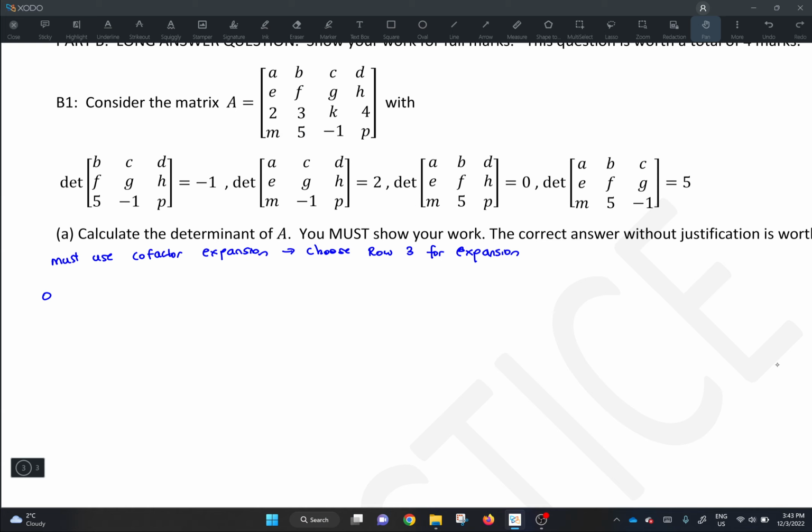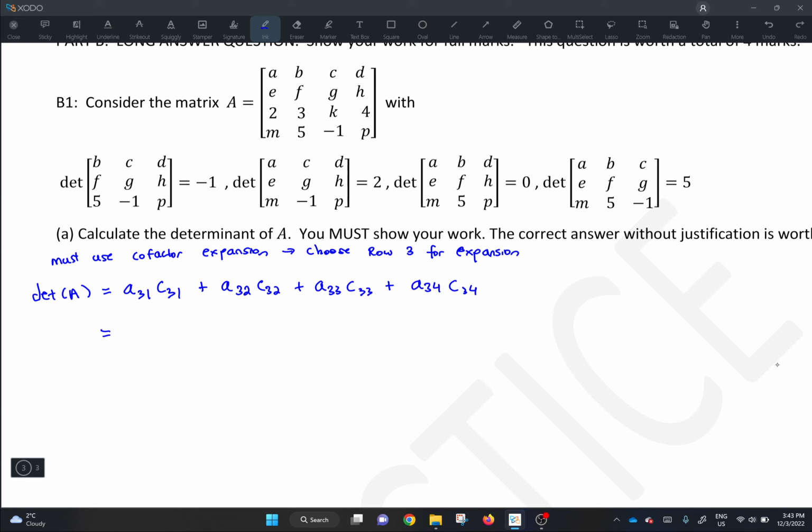We'll be able to tell if we made a mistake as we go. Okay, so then the determinant of A is equal to A31 C31, so the coefficient in row 3, column 1 of the matrix times the cofactor C31, plus A32 C32 plus A33 C33 plus A34 C34.